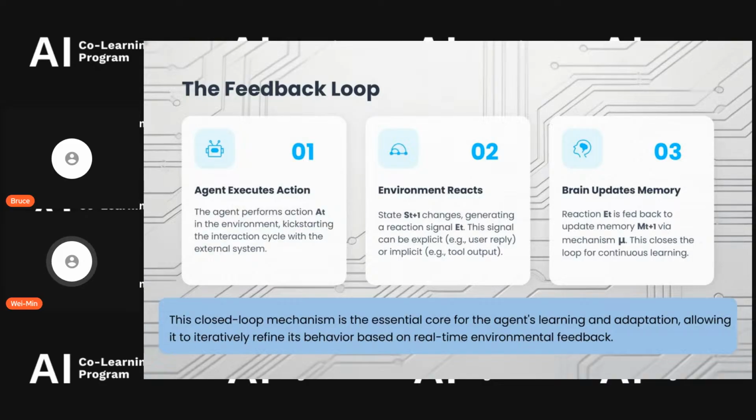The environment provides the feedback and reacts, so the agent gets the information about the state of the environment, and the brain will update the memory based on the feedback from the environment and also the memory history. So this closed loop mechanism is the essential core for the agent's learning and adaptation. So you will iteratively refine the agent behavior based on the real-time environment feedback.